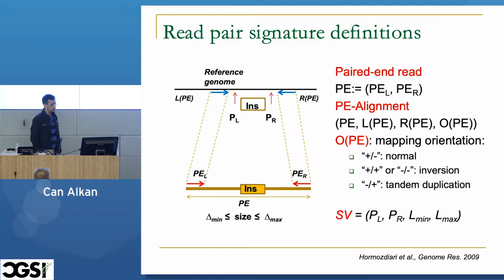Then we map them to the reference genome. If they are too close, it will signal an insertion, and it is also going to show you the approximate size of the insertion. So if the bottom is supposed to be 500, and if those reads are mapping within 300, it will likely show you an insertion of about 200, right?